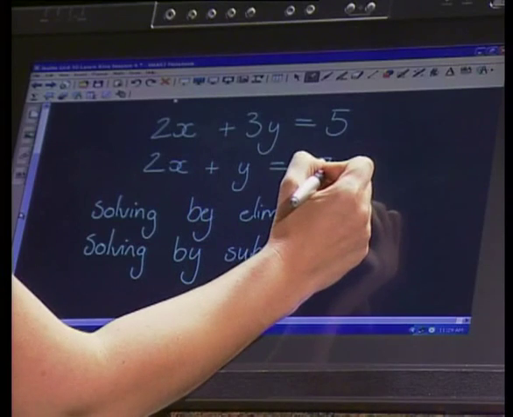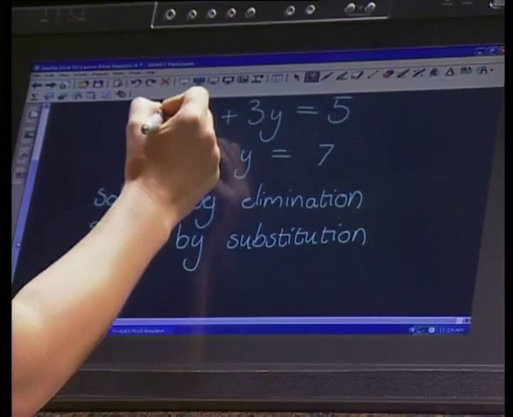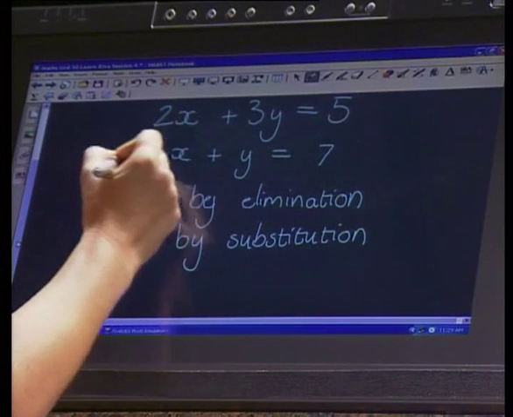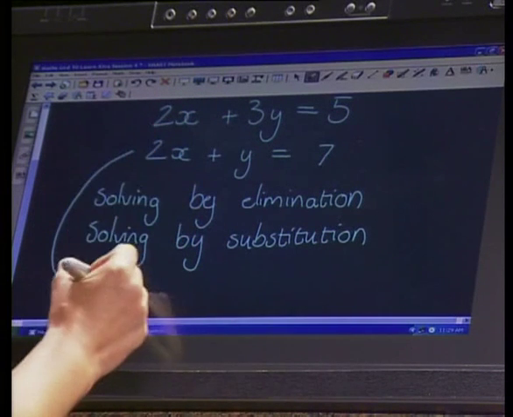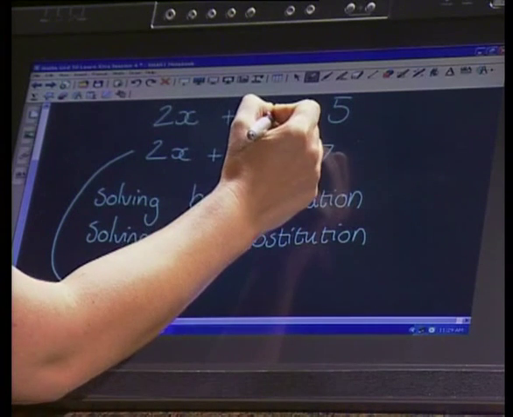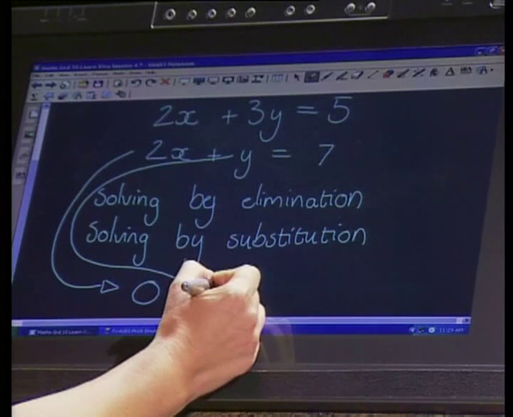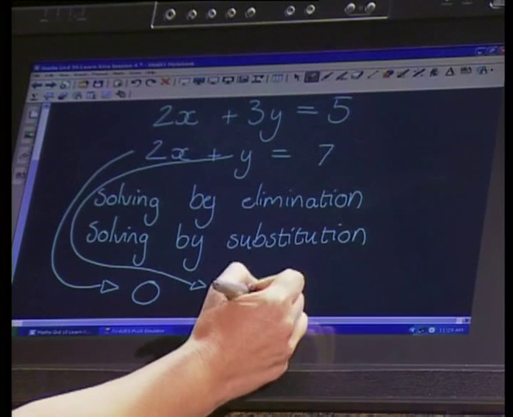So I have 2x plus 3y is equal to 5, and 2x plus y is equal to 7. If I subtract the two equations, it means 2x minus 2x is going to give me nothing, and 3y minus y is going to give me plus 2y.